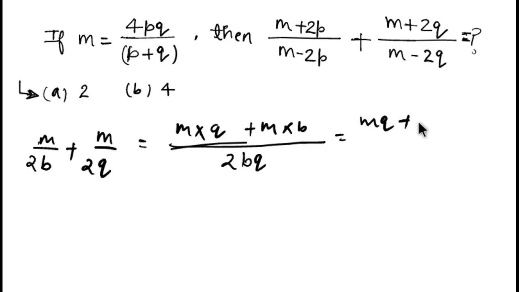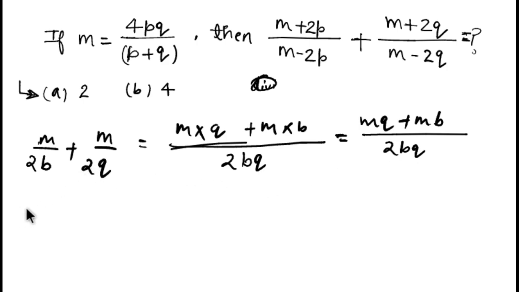So it is mq plus mp over 2pq. When I take the LCM of these two terms and divide it by the first denominator, I multiply the coefficient I get by the numerator. The same process applies here, so I get mq plus mp over 2pq.